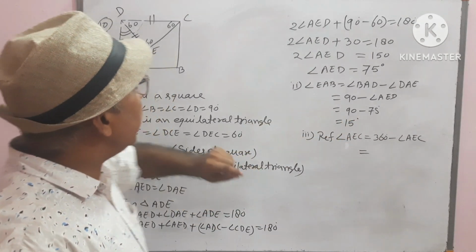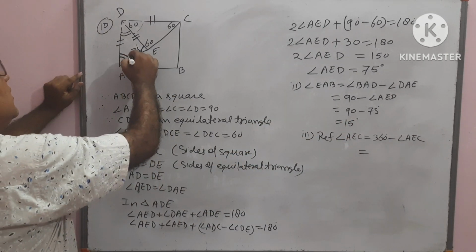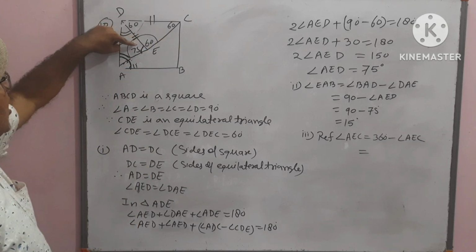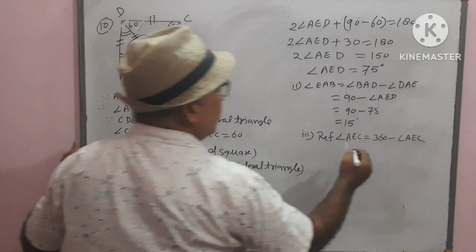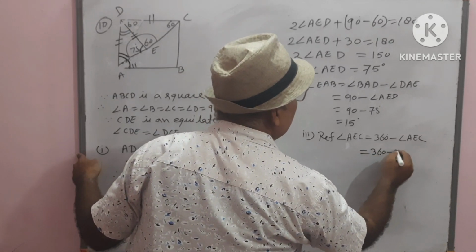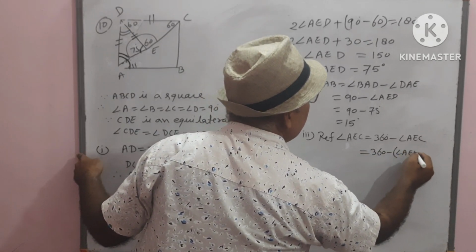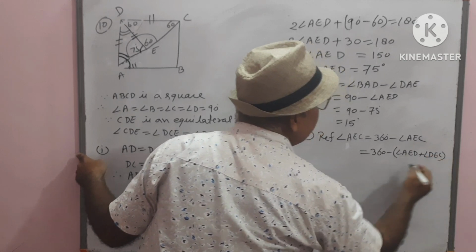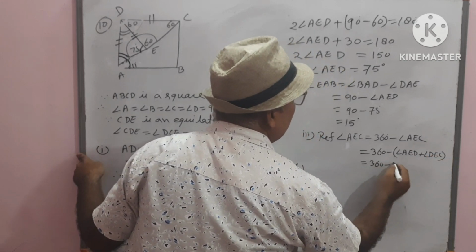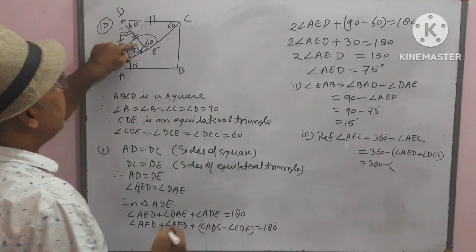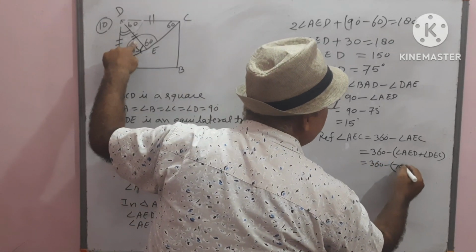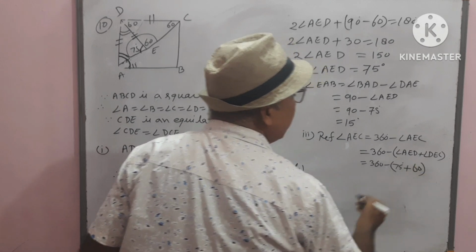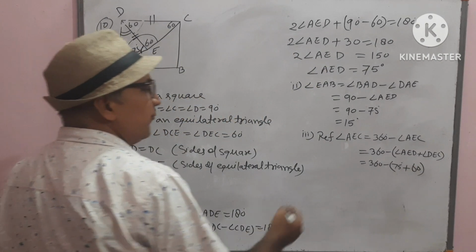Now search AEC in your picture. AEC is this angle. This angle means the sum of AED and DEC. That means angle AED plus angle DEC. AED we have found to be 75 degrees and DEC is the angle of the equilateral triangle, so this will be 60 degrees.